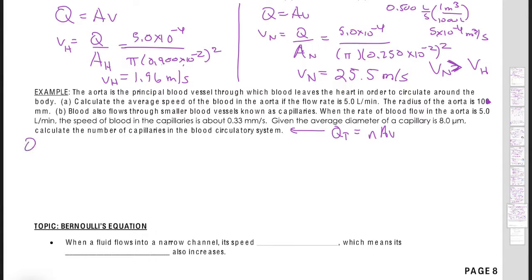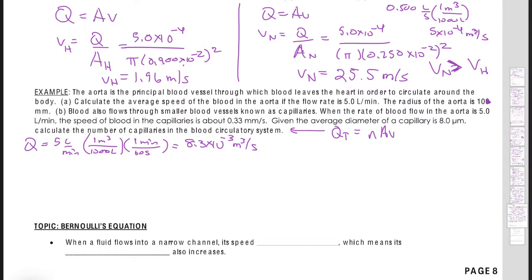The first thing we need to do is convert. 5 liters per minute, we need to put that into cubic meters per second. Again, 1 cubic meter is 1,000 liters, and in 1 minute there are 60 seconds, so our flow rate is going to be 8.3 times 10 to the negative 3 cubic meters per second.